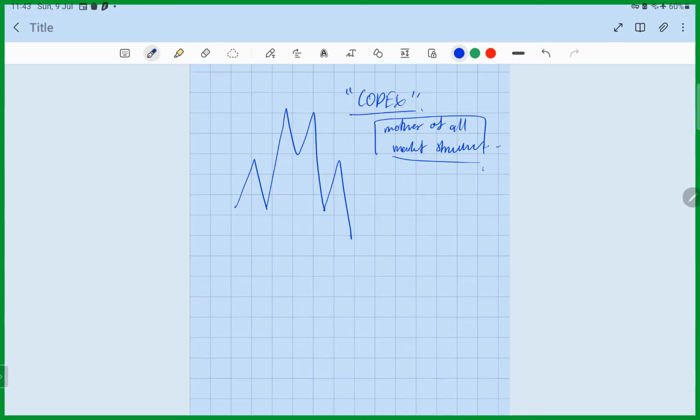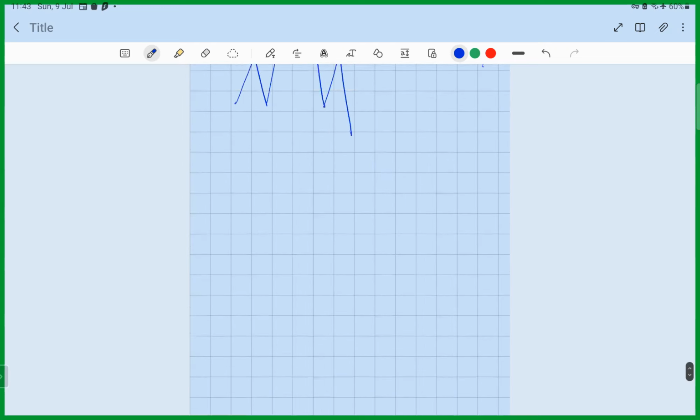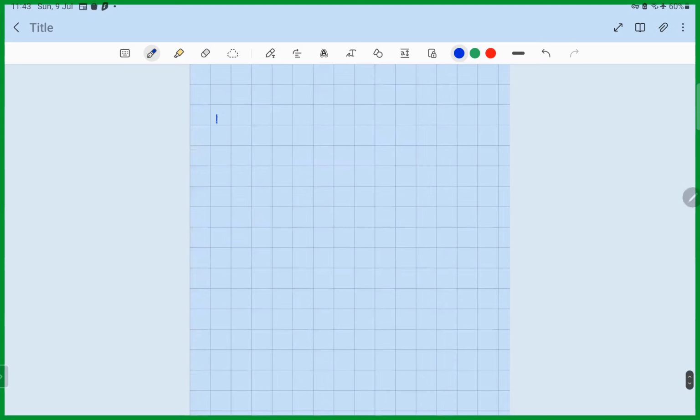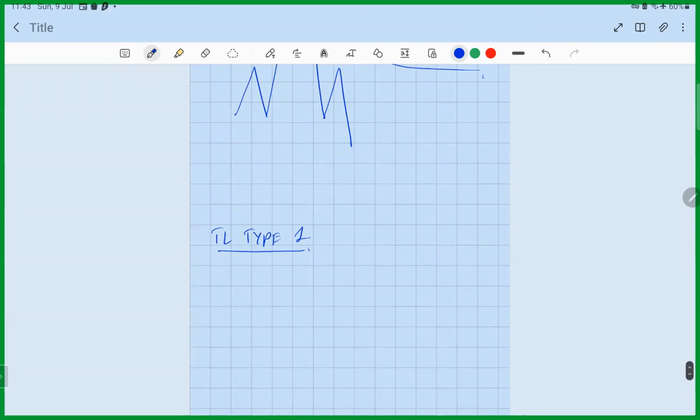Okay, so let's go for our trend lines now. So we have TL type 1. Before I explain trend lines, I want you to know that there are very important key rules of pulling trend lines.